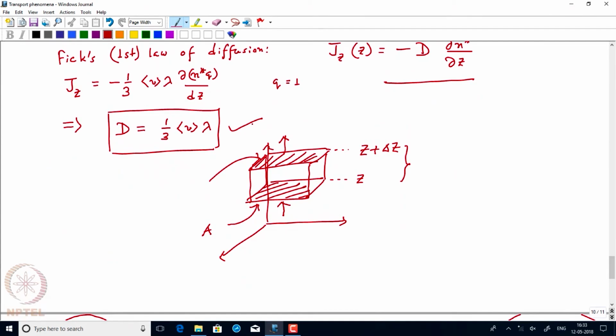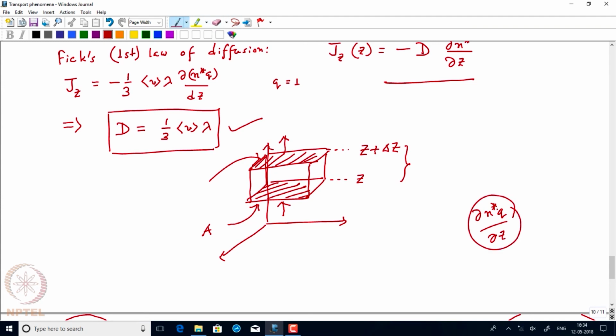Particularly for diffusion, we found that this quantity, del n star into q del t, the n star itself, sorry, del z, the n star itself is changing here.